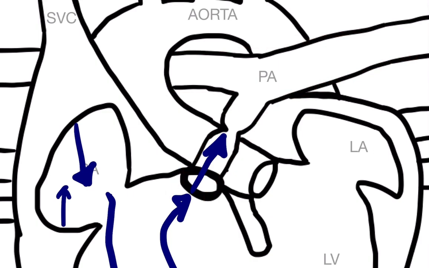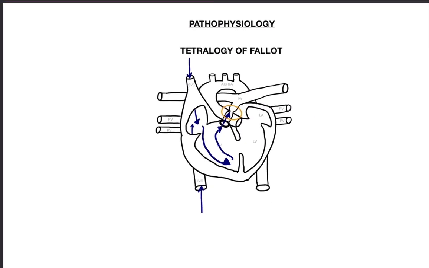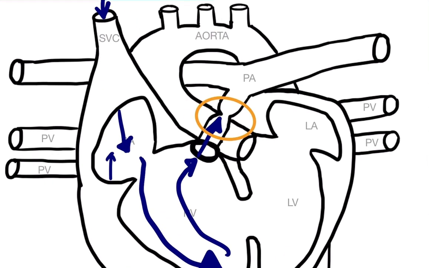What occurs is, if you can see this, there is a stenosis, a narrowing in our pulmonary artery. So what do you think happens to the blood that's supposed to pass through here? It will have a difficult time passing, right?